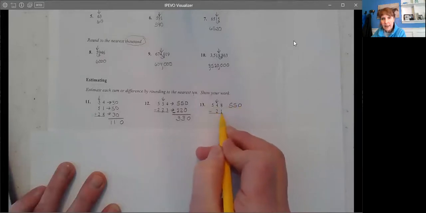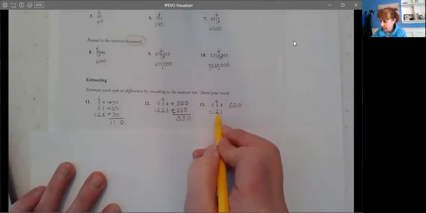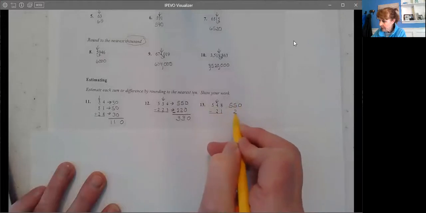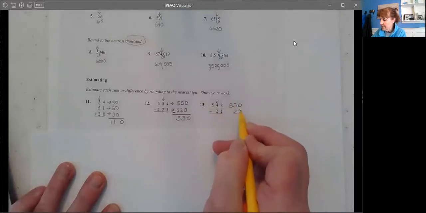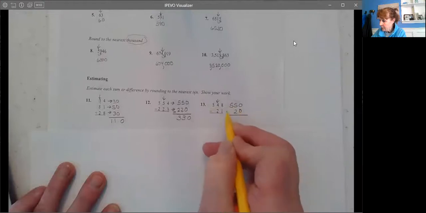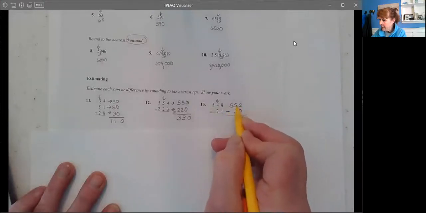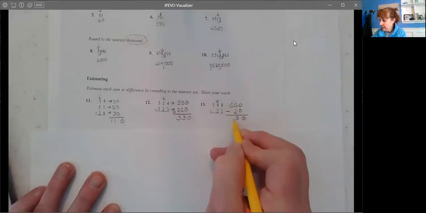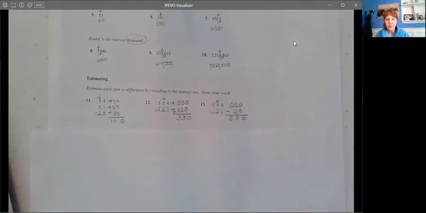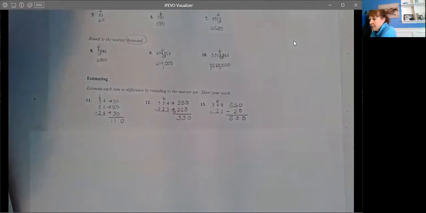You look to the right. It's less than 5, so we're going to leave the 2, and what follows becomes a 0. And we'll subtract them. So you get 0, 5 minus 2 is 3, and then you have the 5. 530 is your answer. So again, round before you add or subtract.